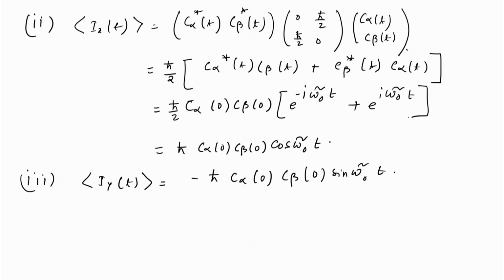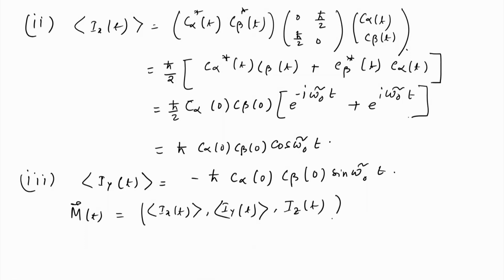The magnetization vector, which is given by M(t), which is Ix(t), Iy(t) and Iz(t), this vector actually precesses about the magnetic field.